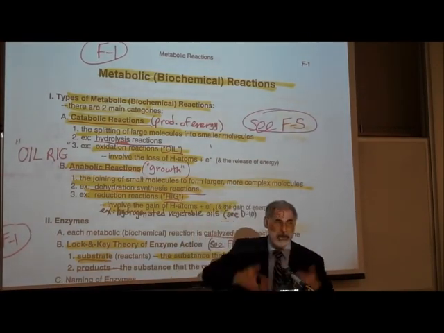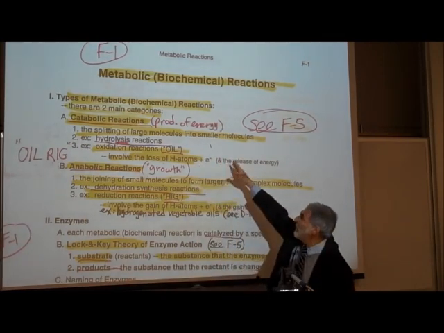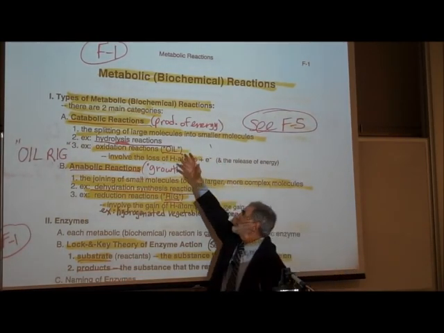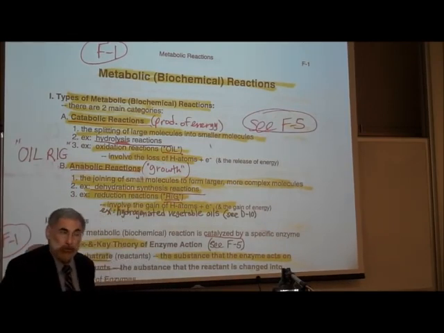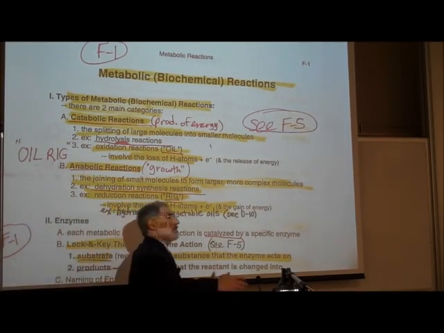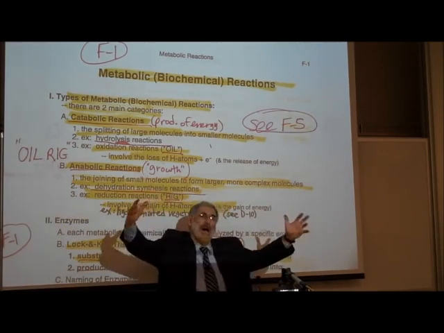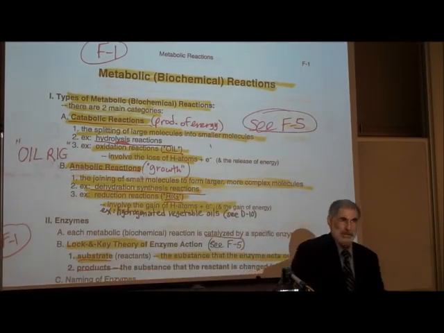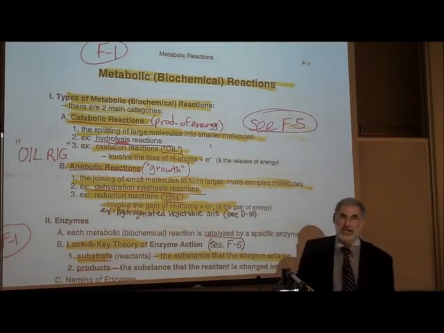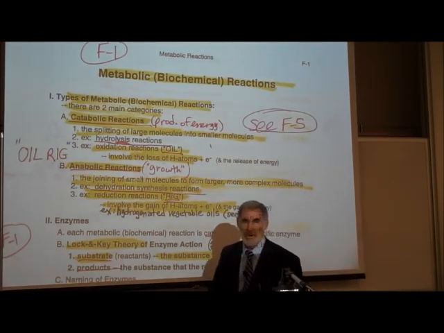So catabolic reactions are breaking things apart to produce energy. So the splitting of large organic molecules into smaller, simpler ones releases energy. So when large, complex carbohydrates are broken apart into smaller and smaller molecules, that releases energy. And it's catabolic. We're breaking it apart.